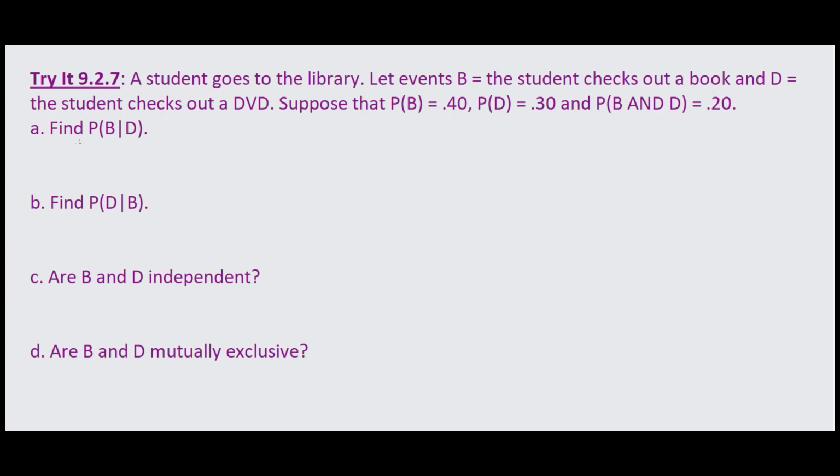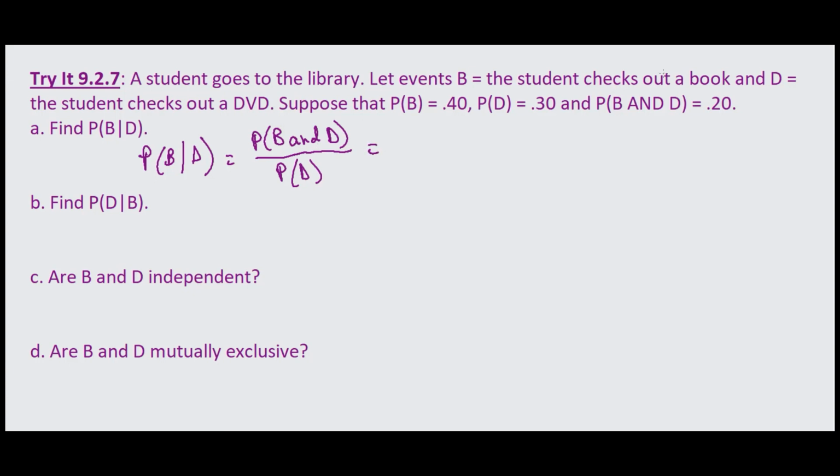So first we're asked to find the conditional probability, the probability of B given D. So the probability of checking out a book given that they've checked out a DVD equals the probability of both B and D, so the probability of checking out a book and a DVD, divided by the probability of checking out a DVD.